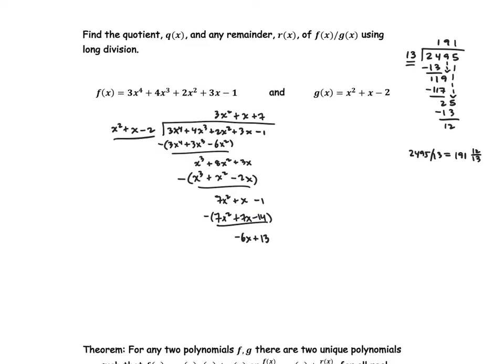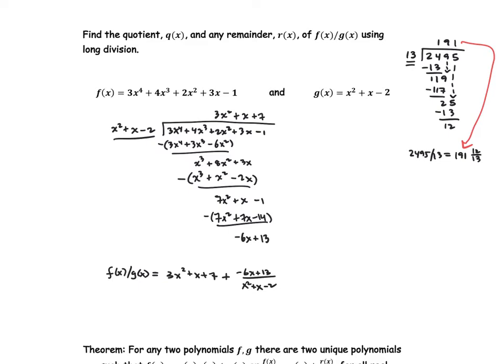So f of x divided by g of x is equal to 3x squared plus x plus 7, just like I had up here with the 191, plus my remainder over x squared plus x minus 2.